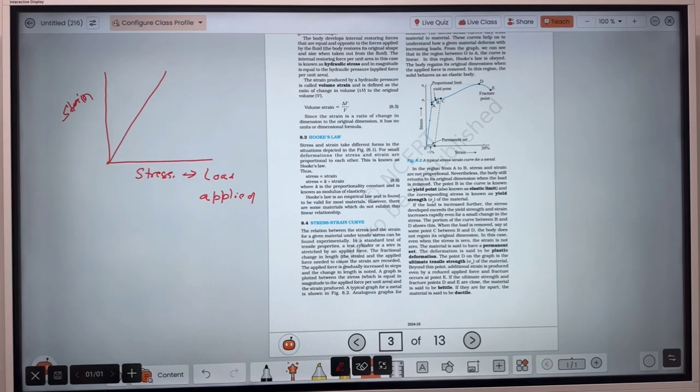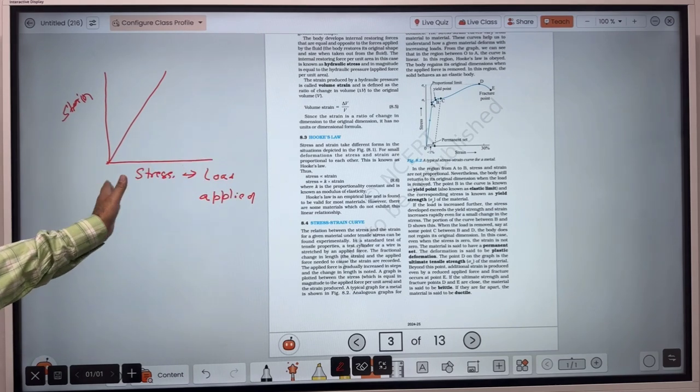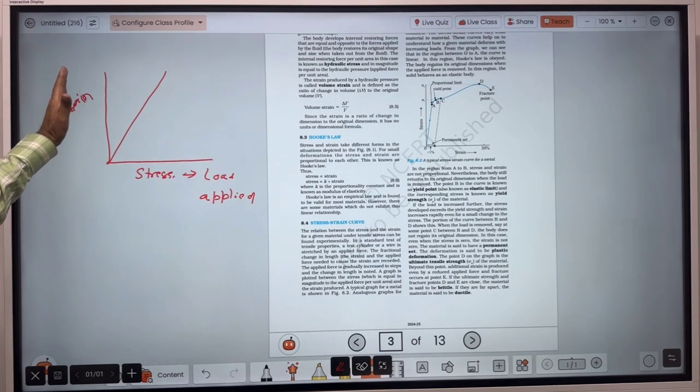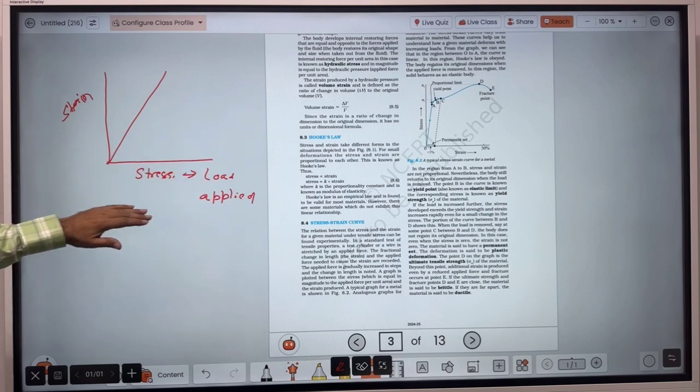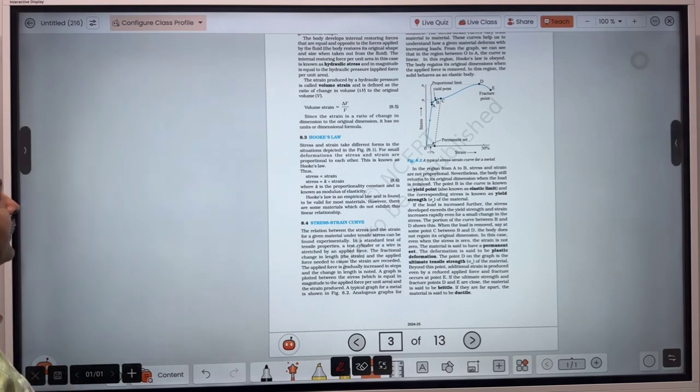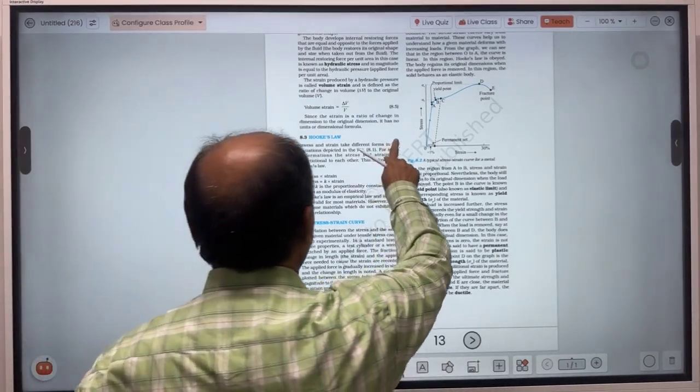But there is a limit. After that limit, what will happen? So here we will study the graph. Stress will be plotted along the y-axis and strain along the x-axis, and then we will see. That is also a good concept.